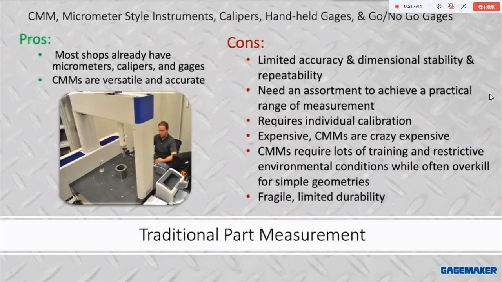It takes up a large footprint. There are environmental conditions that have to be maintained.